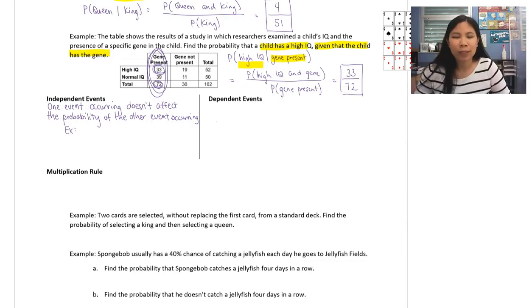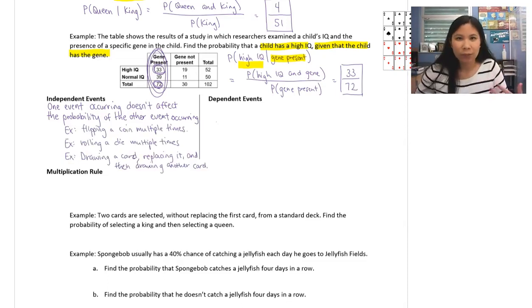Examples of this would be something like flipping a coin. If I flip a coin the first time, the next time I flip a coin, it's not like the coin remembers what I got the first time. The second time I flip a coin, the probability of flipping heads or whatever is still 1/2. No matter how many times I flip the coin, it doesn't change the probability at all of the next time I do it. So that's an example of independent events.